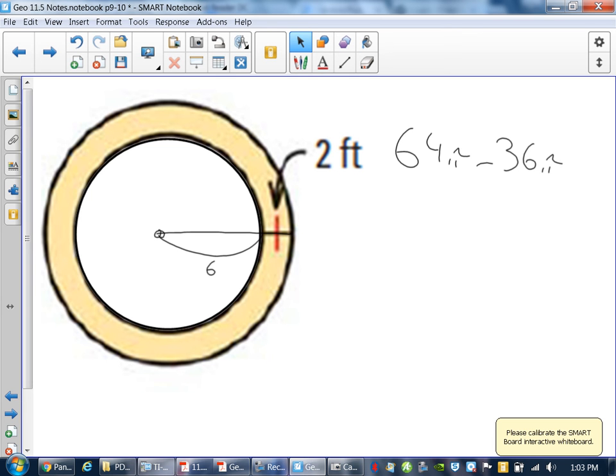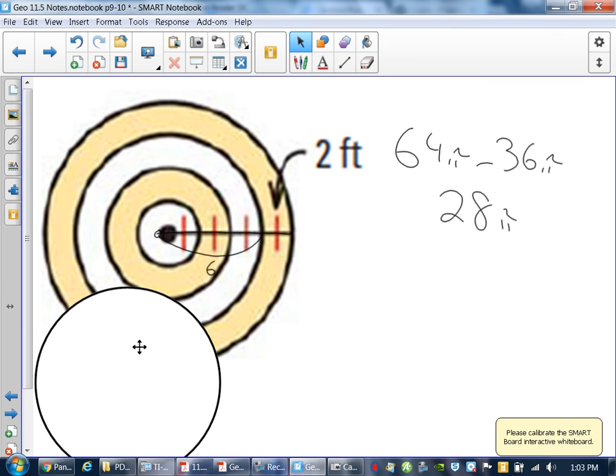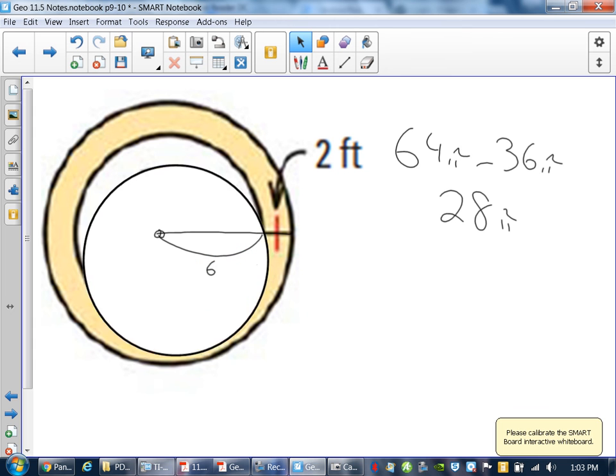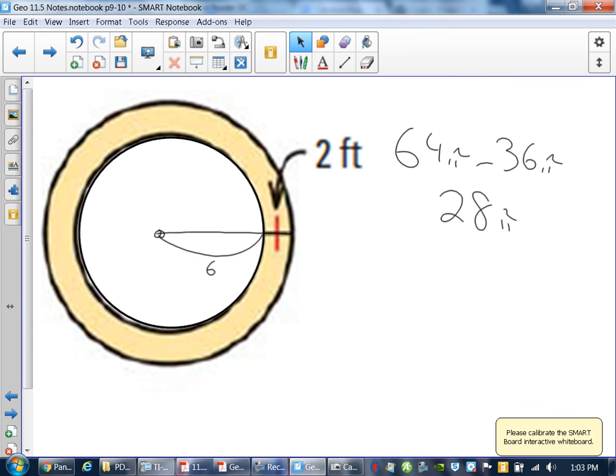That leaves me, each of these parts were 2, so by taking just the regular donut problem, that outer ring has an area of 28 pi.